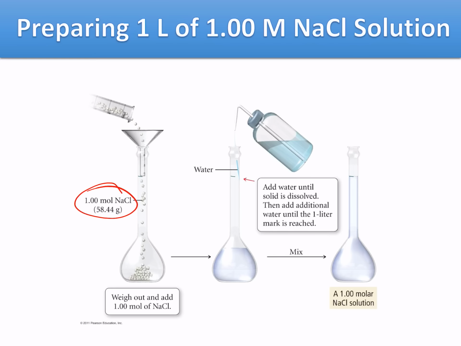And then you just add the solvent, in this case water, to complete any given volume that you are preparing. Okay, in this case you are preparing 1 liter, so you add 1 mole of sodium chloride, which is 58.44 grams, and then complete with water up to 1 liter. It's not the same to complete with water to 1 liter as to add 1 liter of water.